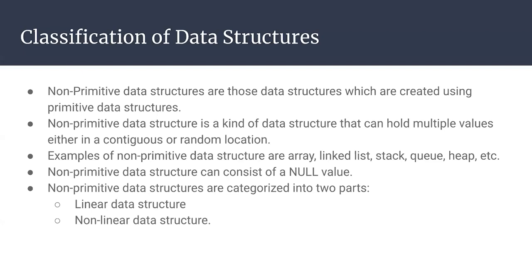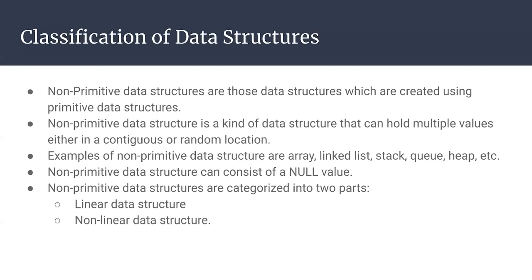So if you introduce int i[] = new int[5], that means you're introducing 5 chunks of integer data type, continuous, which are present in the memory in a continuous fashion, right? And random location means it could be anywhere in the memory, which is an example of linked list, right?